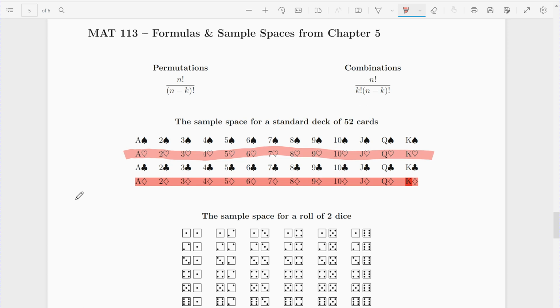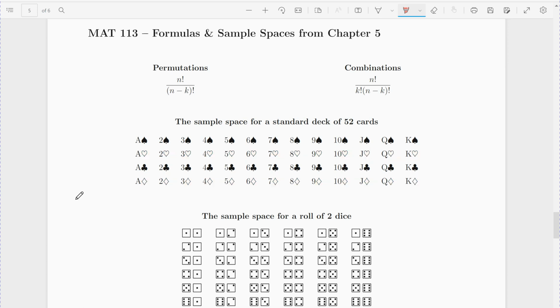Half of the deck is red and half is black. The spades and clubs are the black half of the deck. Where they're listed as white, those are the red cards. Where they're listed as black, those are the black cards. But they're given to you, so it's there.